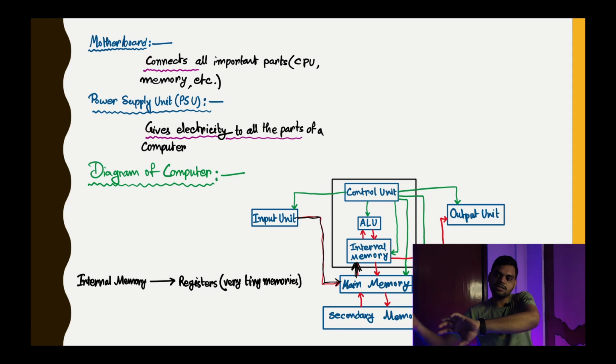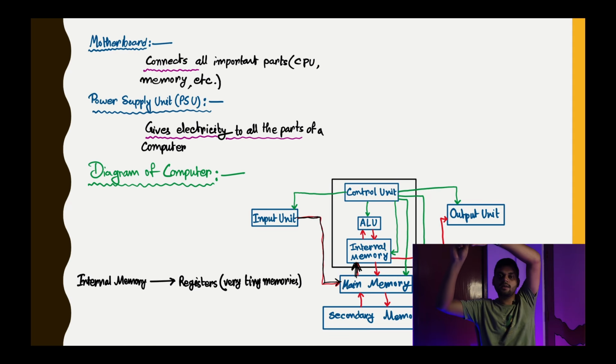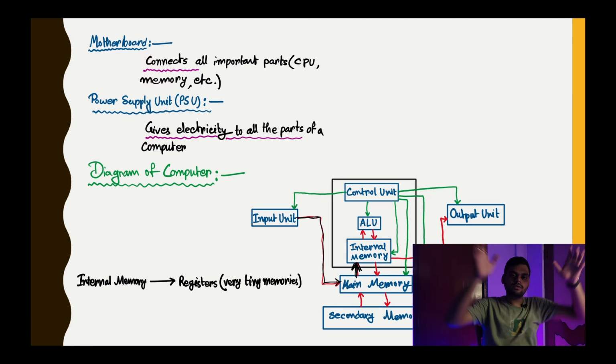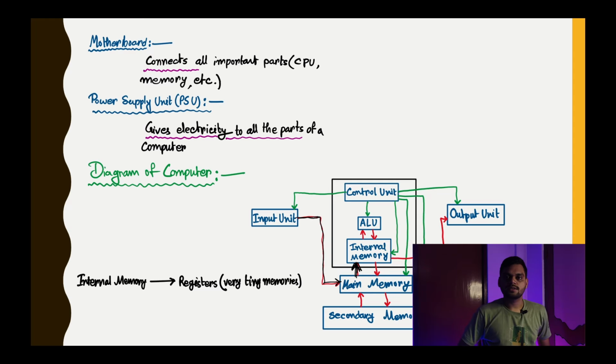After storing the data, the CPU will perform some task on it and bring it to the ALU, and after operating on the data, the result will be stored in the memory registers, and from the memory registers the result is going to be passed to the output unit, and the output unit will display the result to us.